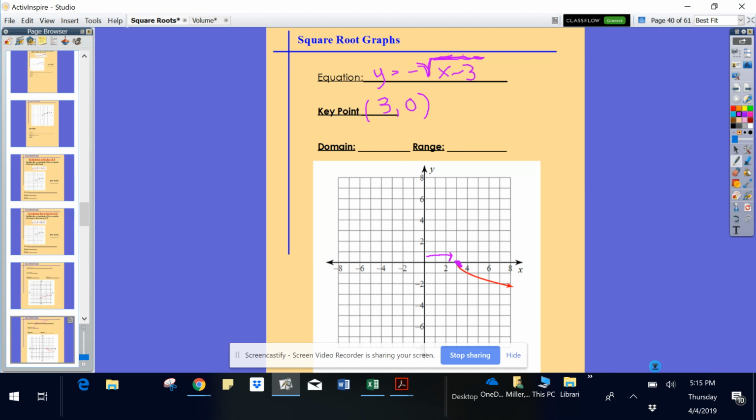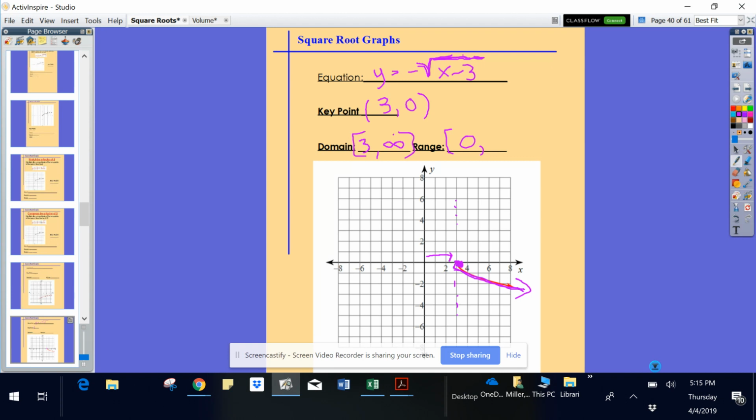So let's take a look at our domain. Where does it start? On the x. It starts right here at 3. And our domain always is positive infinity. Let's look at our range. Our range did not start up here, didn't start down here, started at 0, and it's going down.